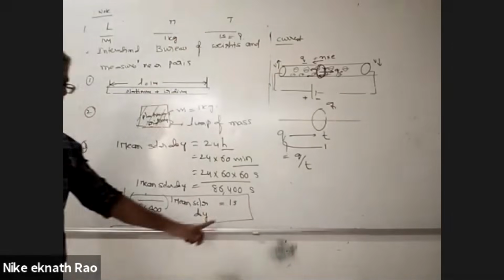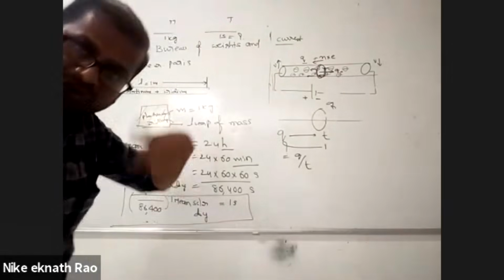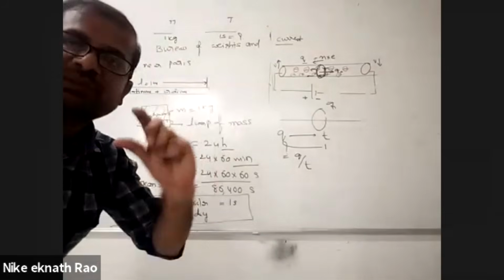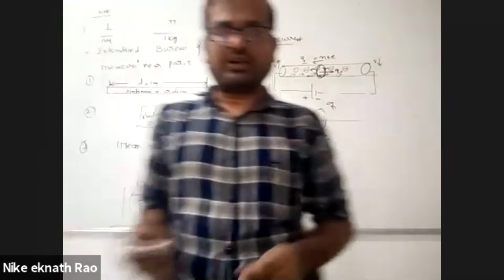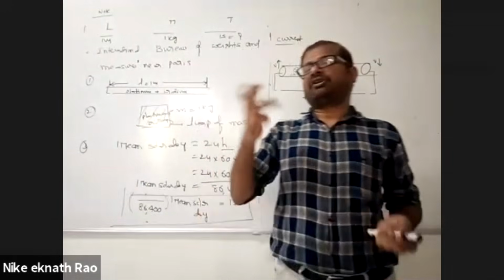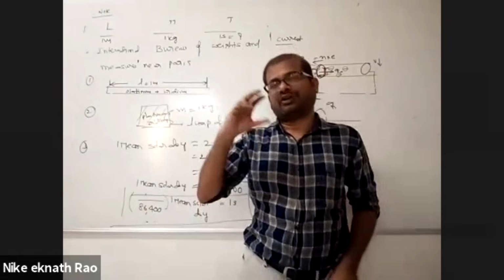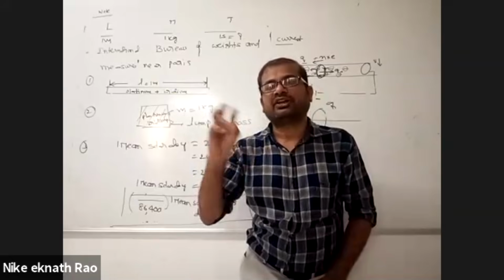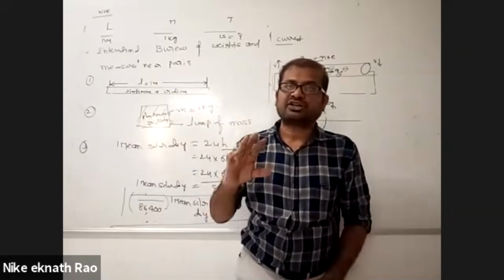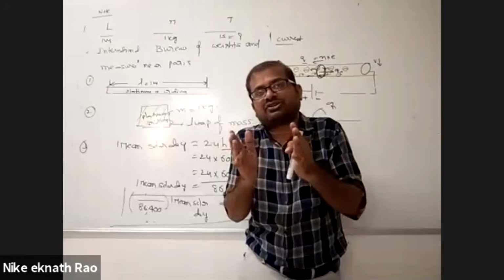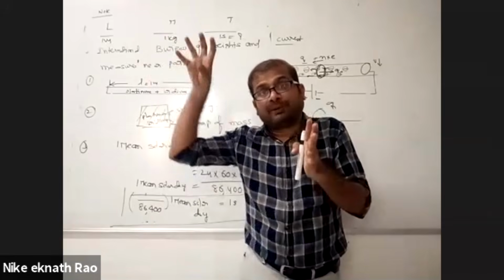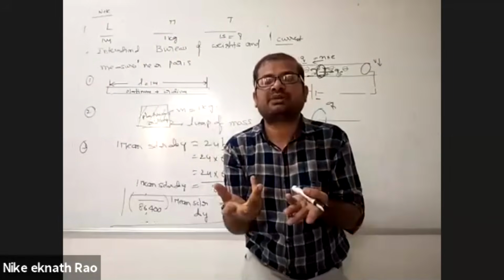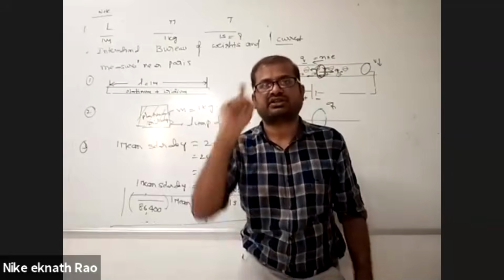This is how it was defined in olden days. In the modern definition, it is measured in terms of vibrations of the cesium atom. We will learn that one. They counted the number of vibrations a cesium atom performs in a particular duration of time. The time the cesium atom takes to complete that many vibrations is defined as 1 second.